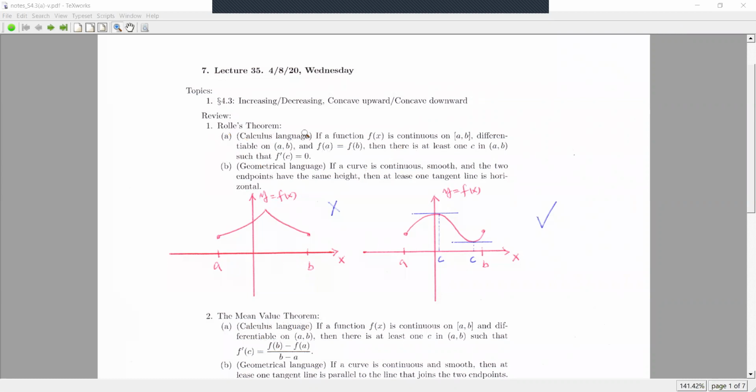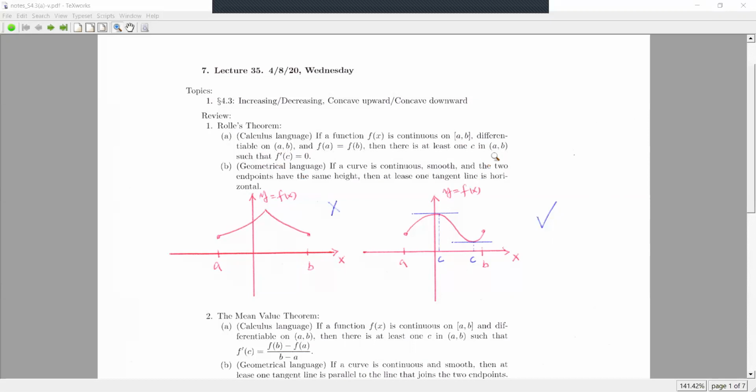Rolle's theorem. If a function is continuous on a closed interval, differentiable on this open interval, and function values at the two endpoints are equal, then there is a c in this open interval such that the derivative at c is 0.